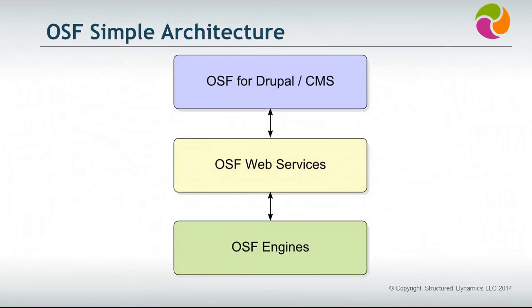At the simplest level, the architecture of OSF really can be seen as three broad layers. At the bottom, basically the data management side of things, are the OSF engines. Layered above that, for access and uniform web-oriented protocols, we have our RESTful web services.